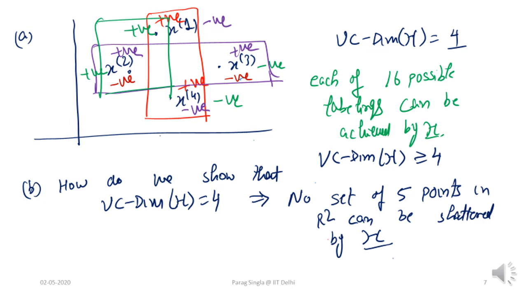In fact, you can argue that there are exactly six possible labelings which assign any 2 points among these as positive, and the other two as negative. So there are six possible combinations, and for each one of them we can achieve those labelings using an argument which is very similar to the one shown here.